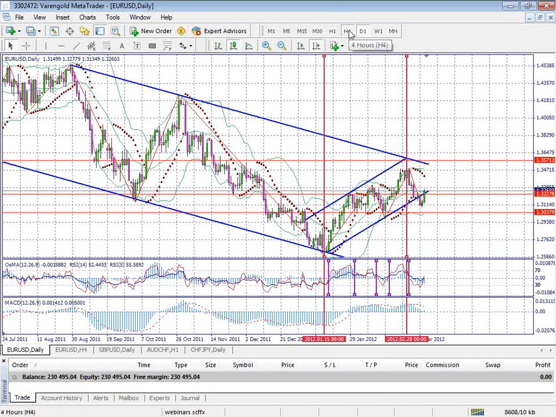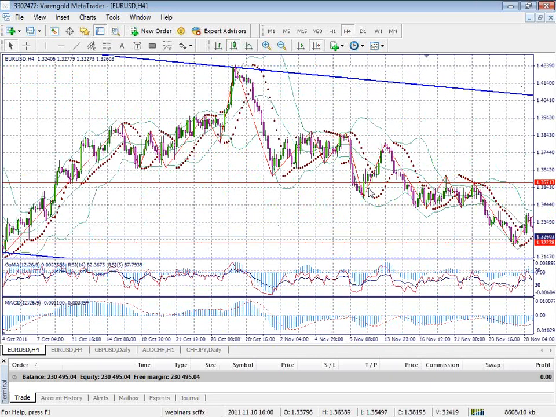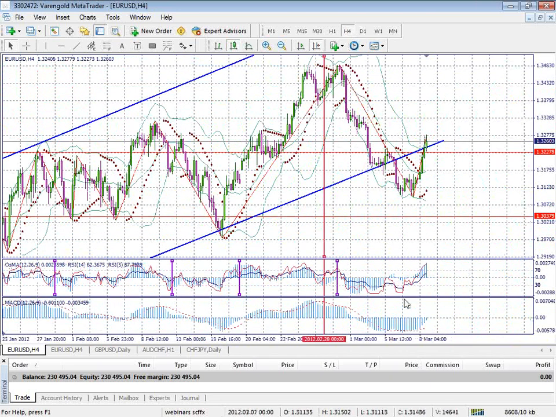What is happening on the 4-hour chart? On the 4-hour chart, we just have the signal for one buy. It was here. Also, it was in MACD. So for me, it was normal that it's not a very strong breakout.